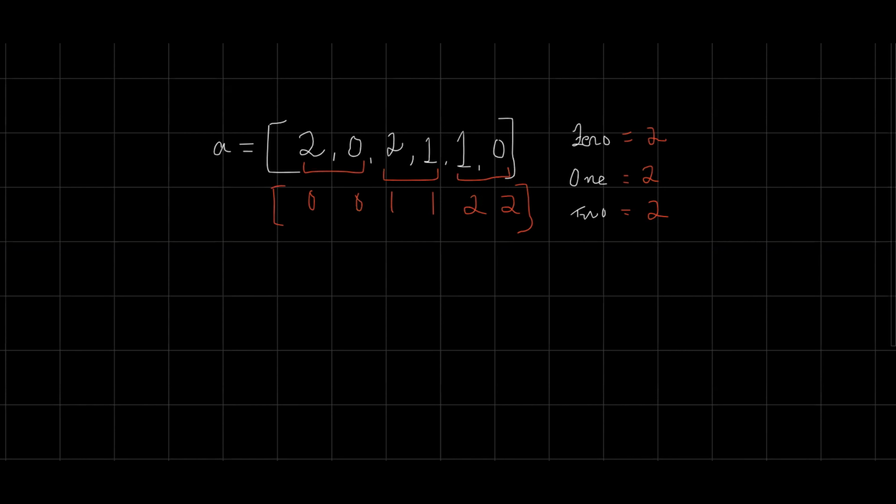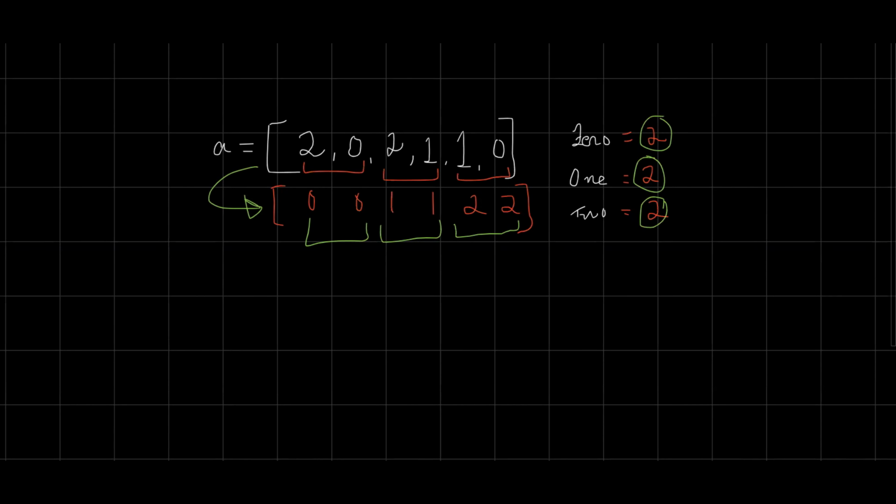Here, we are using two 0s because the frequency of 0 is 2. We are using two 1s because the frequency of 1 is 2. And we are using two 2s because the frequency of 2 is 2. After that, this is the sorted array, which you will get after the algorithm is finished. I hope you understood the algorithm.